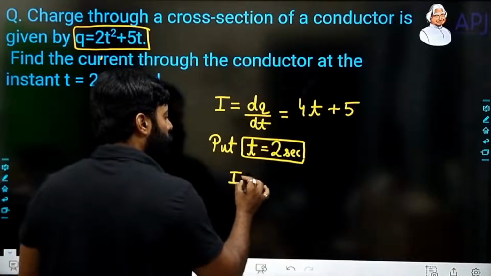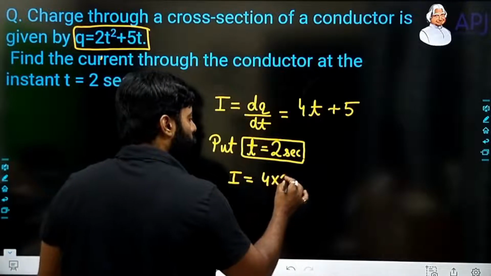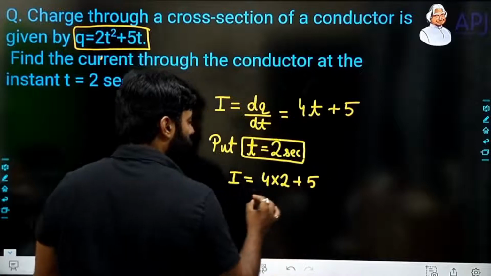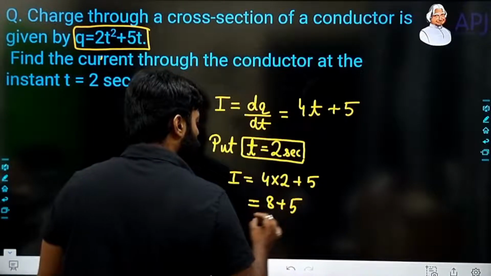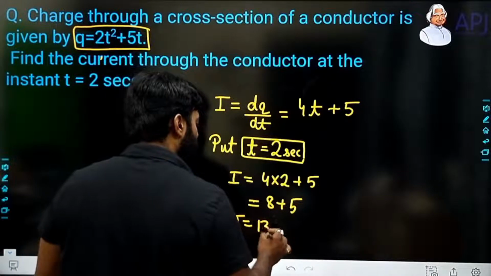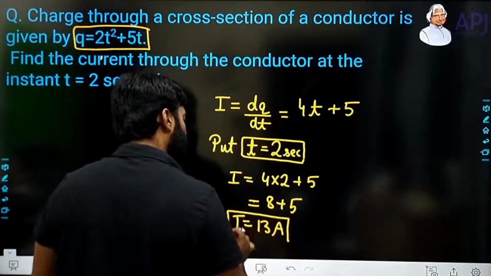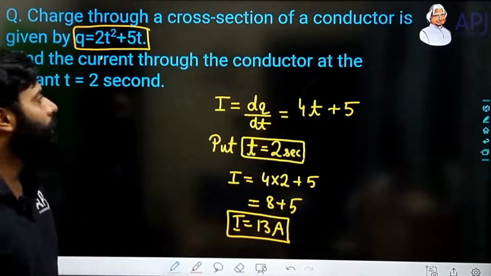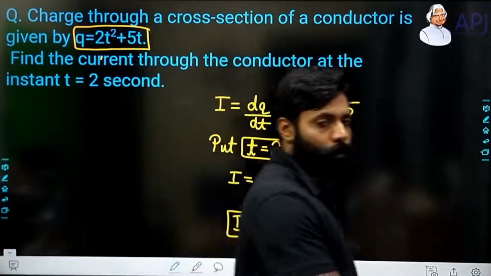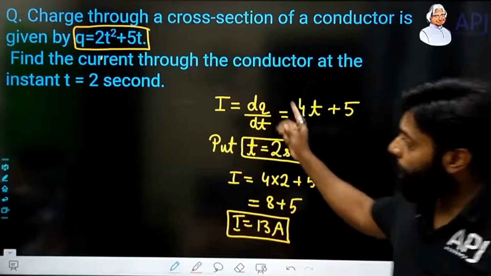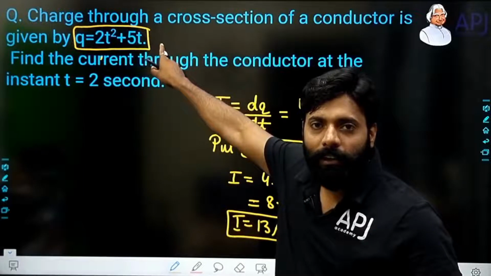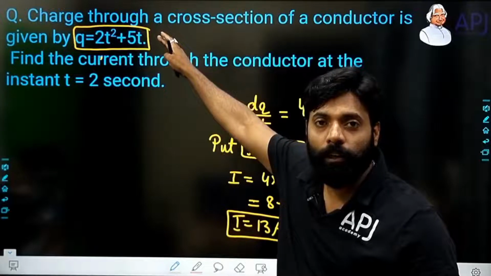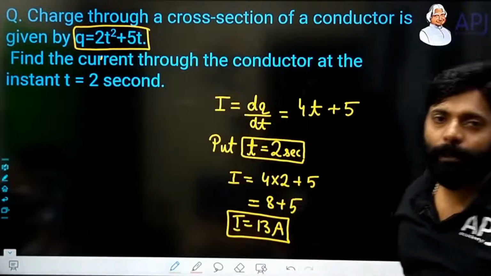So I is equal to 4 into 2 plus 5. So my answer will become 8 plus 5. So I can say that my answer will be 13 ampere. Right? My answer will be 13 ampere. So at the time of 2 seconds, if I am having charge in a conductor given by this equation, then my answer will be 13 ampere.